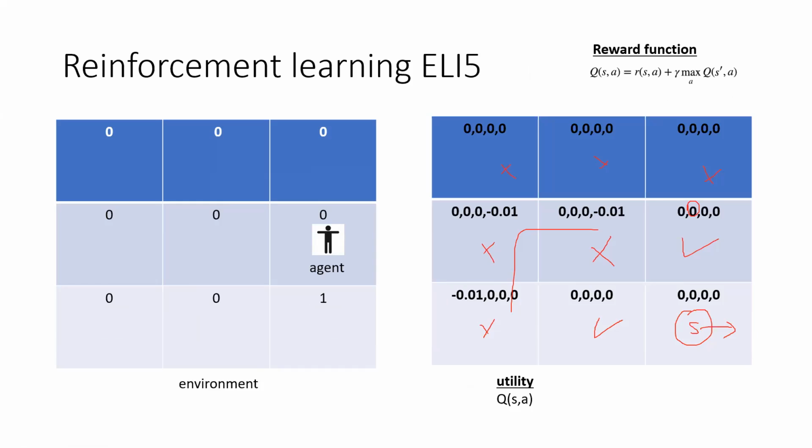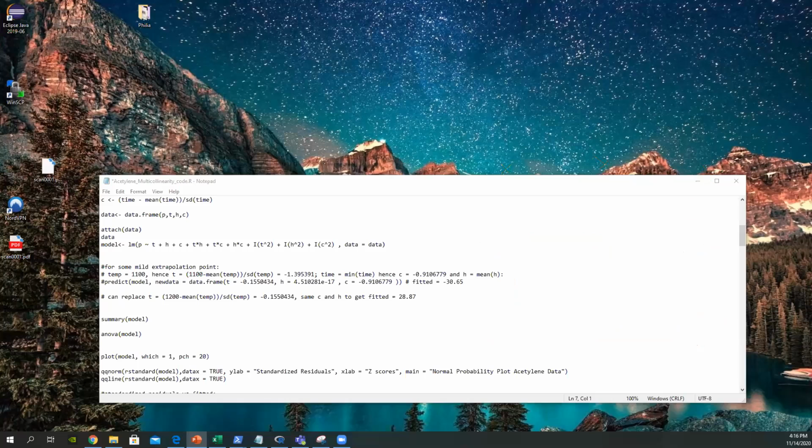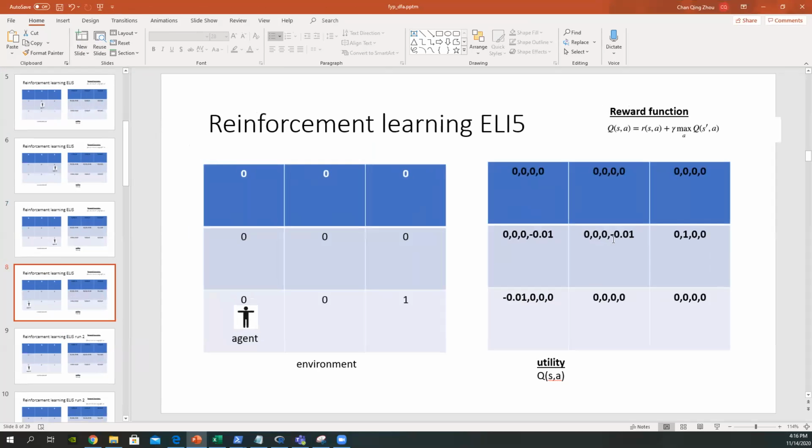So if we reach here and then we change it to, let's say, 0.9, and then maybe this is 0.8, and then this is 0.7. What will happen is that for the next iteration, we will continue to go this way again. I understand. So you need the diversity. Yeah, you need diversity, yes.